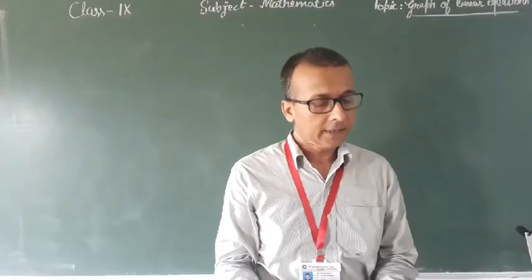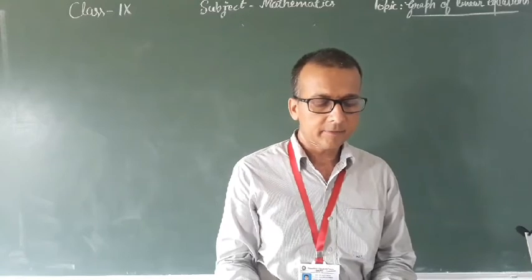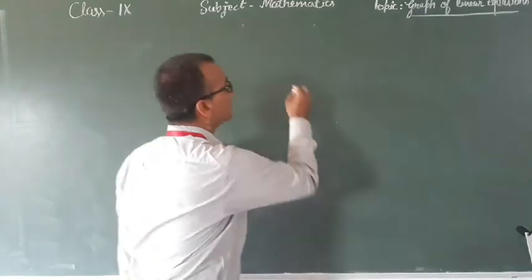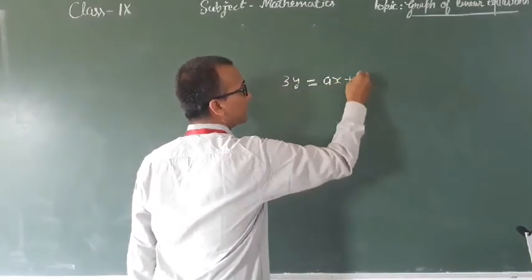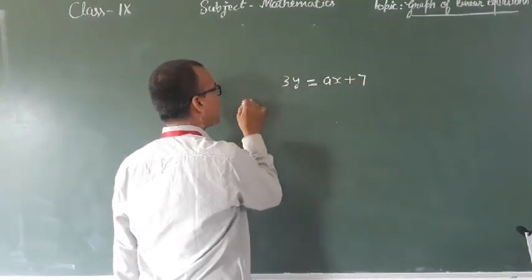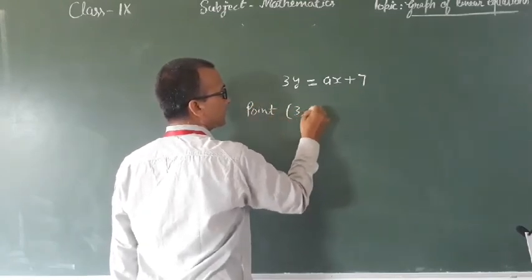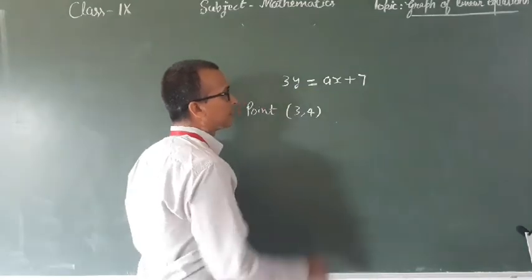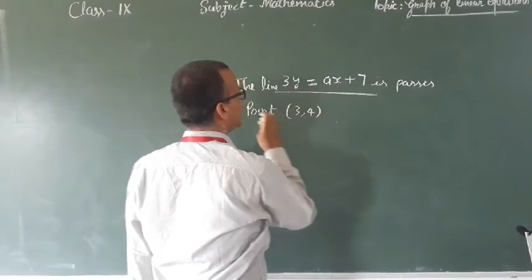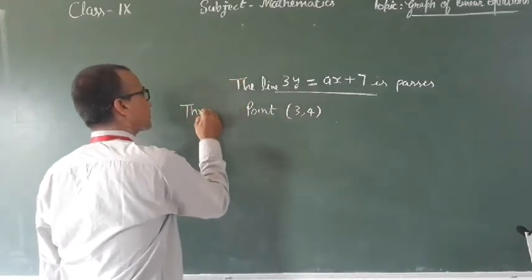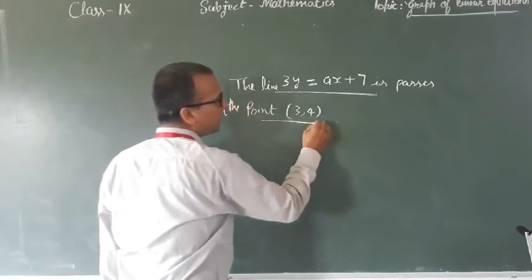Third question is, if the point (3, 4) lies on the graph of the equation 3y is equal to ax plus 7. Given point is (3, 4). So you can say the line 3y is equal to ax plus 7 passes through the point (3, 4).